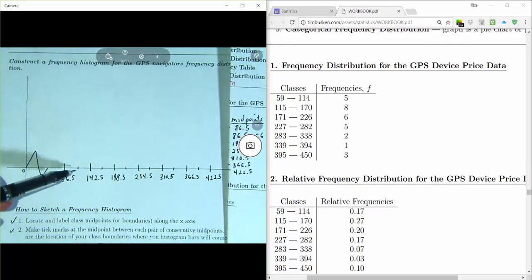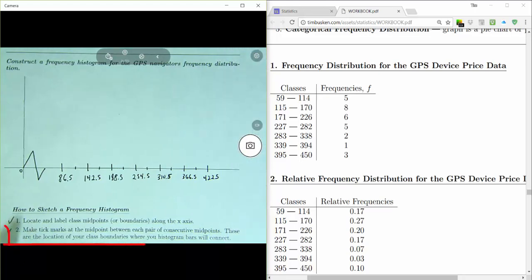Now we don't need to label what numbers are represented at these ticks. We'll just make the tick marks to locate our boundaries. These are the locations where your class boundaries are, and of course the class boundaries are the location where your histogram bars will connect. So your bars of your graph should be centered around the midpoints, and they should connect at the boundaries.